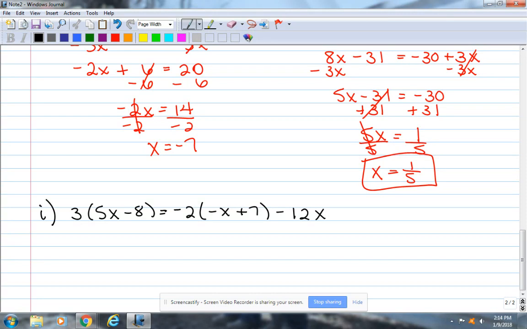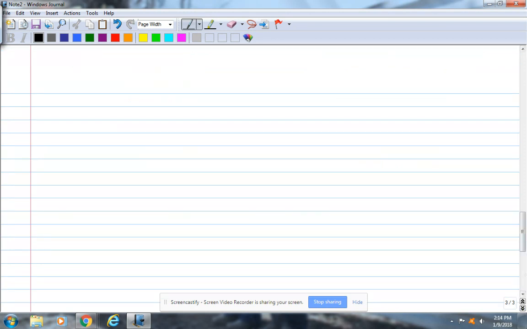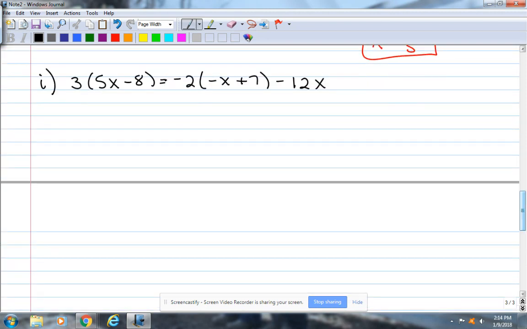So, what do y'all think we're going to do first here? To solve for x, what do we need to do first? How do we tackle this? We're going to distribute, right? Get rid of those parentheses. I don't want to see them anymore, so we're going to distribute that.